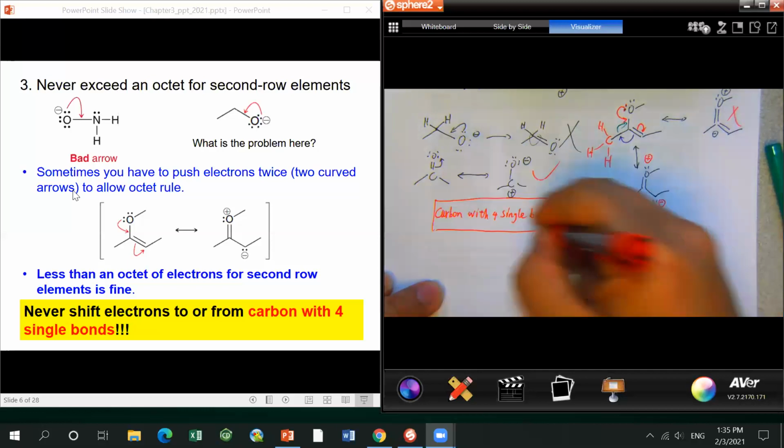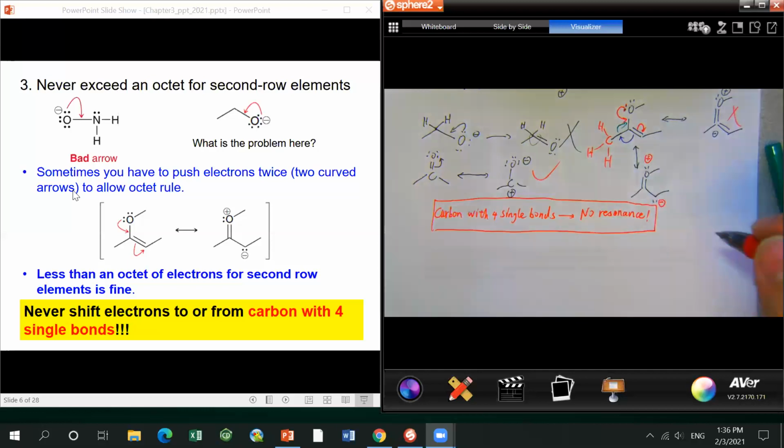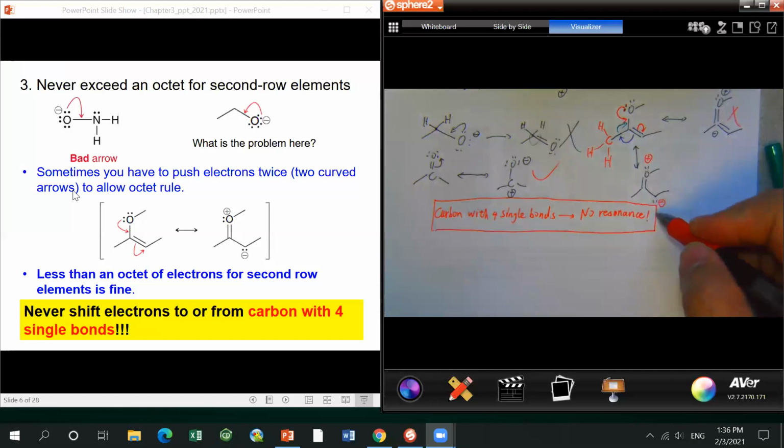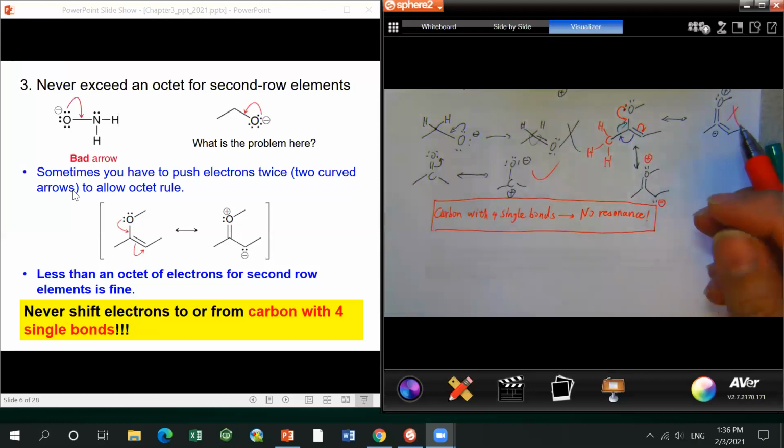That's one of the most common mistakes. Some students randomly shift the electrons and try their best luck. If you find a carbon with 4 single bonds, never take electrons away from it, and never shift electrons to it.